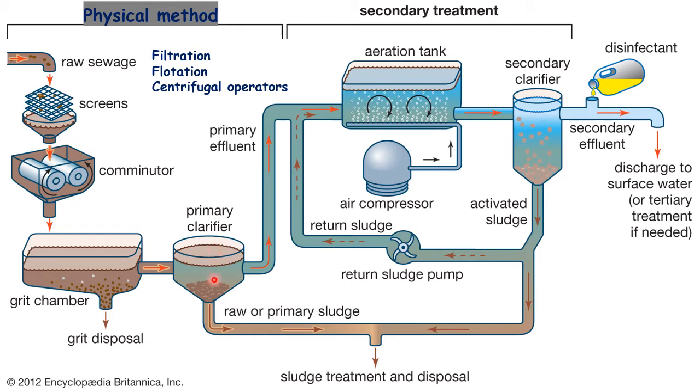After that, this water will be sent to the secondary treatment, otherwise known as the biological method. As the name suggests, here we use microorganisms to decompose or break down the organic material. As I told you, raw sewage contains a lot of nutrients and chemical substances, right? That can be broken down with the help of living microorganisms. In the biological method, we have different types, like anaerobic tanks as well as aerobic tanks.